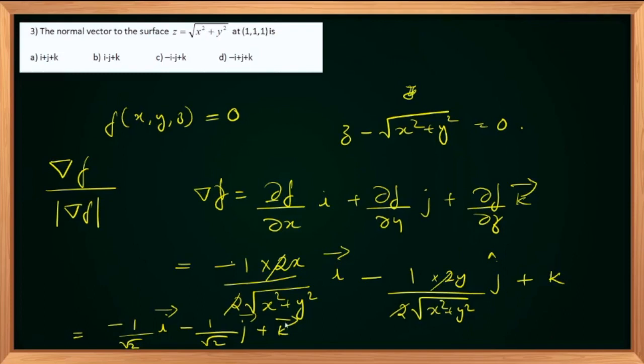So there is no answer in this. There is no answer in this question. Let me see. At the point 1, 1, 1, it is going to be 1 by root 2, 1 by root 2, minus 1 by root 2.